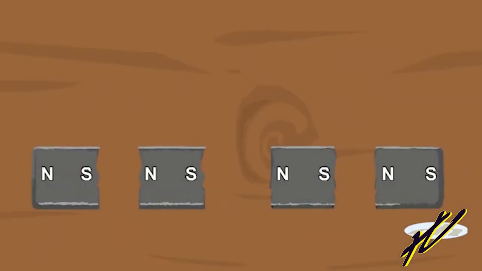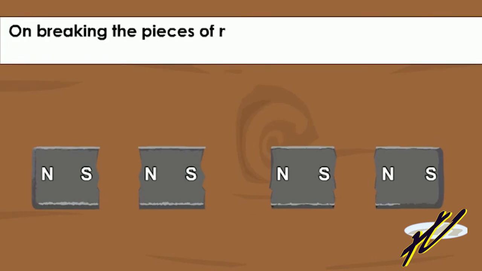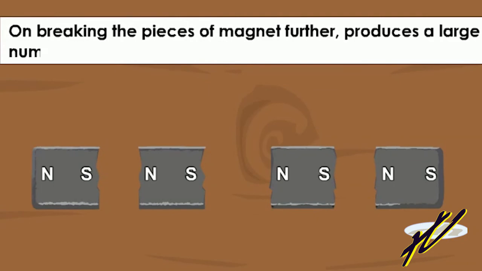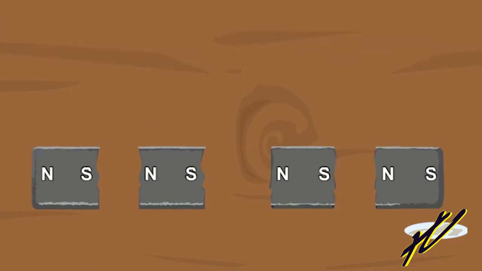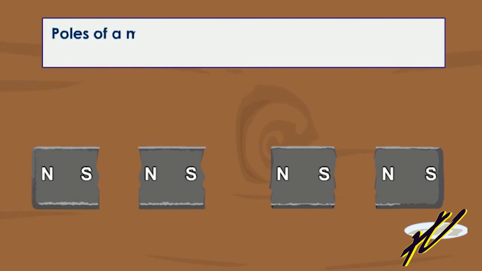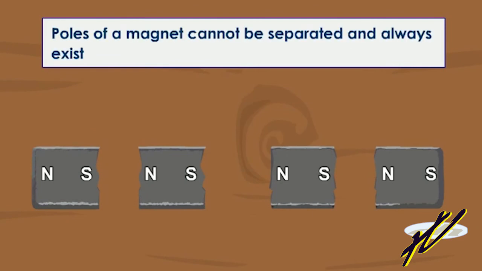Students, if the two pieces are further broken, each smaller piece still acts as a full magnet containing both the poles. Breaking the pieces of the magnet further produces a large number of magnets with both the poles at the ends. This clearly shows that the poles of a magnet cannot be separated and always exist in pairs.